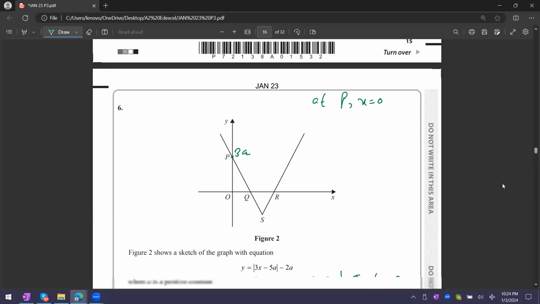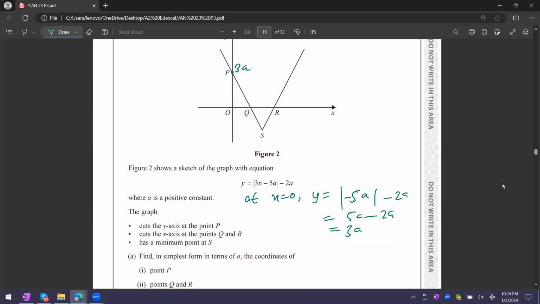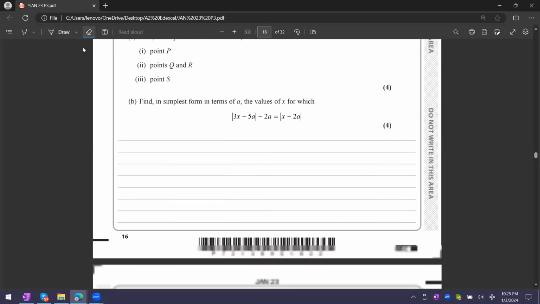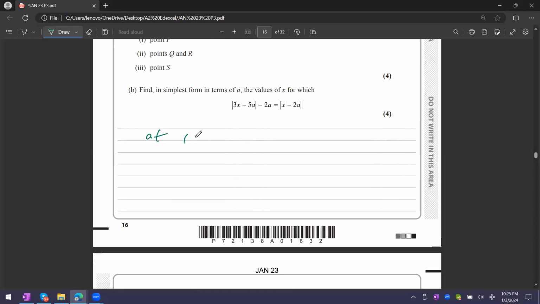Next, Q and R are the x intercepts of the graph. So we need to put y is equal to 0. At Q and R, y is equal to 0.